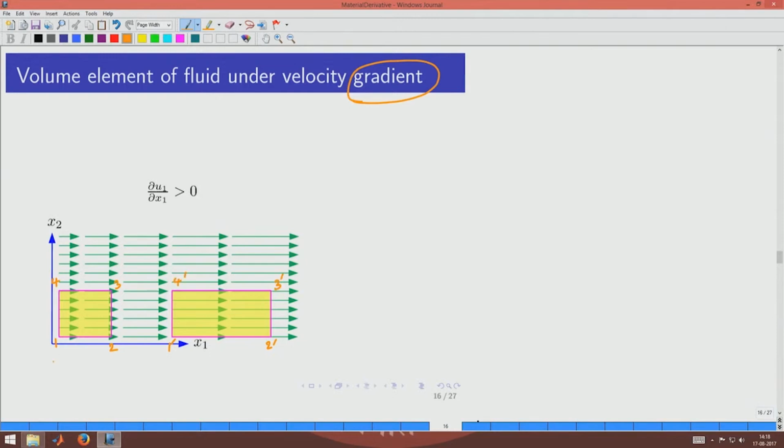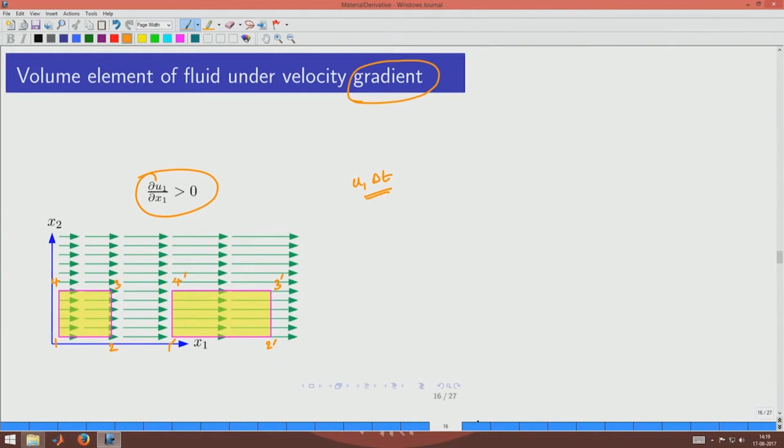I have drawn them intentionally in increasing size, so that this is followed, that is the velocity is increasing in the x direction, which means that if 1 would go by a distance given by this much amount to 1 prime, then at 2 the velocity is actually more.